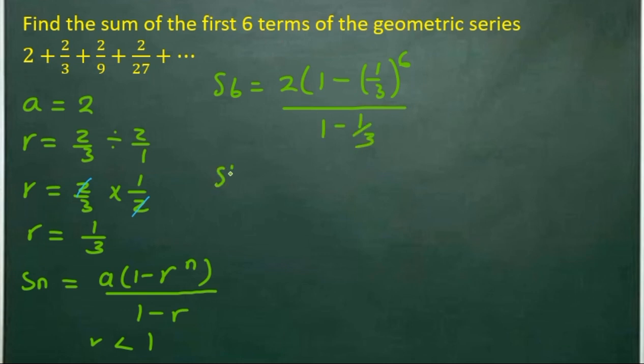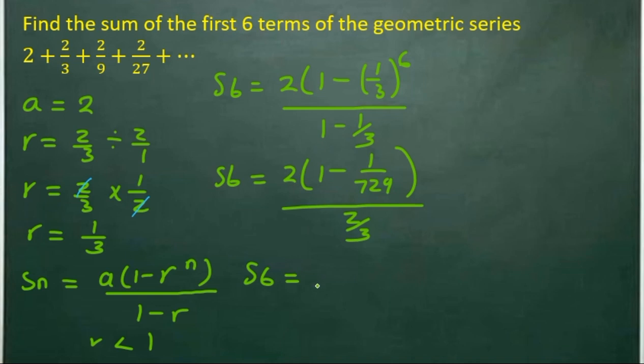Okay, so the sum of the first six terms, let's simplify this: 1 minus 1 to the exponent of 6 is 1, and 3 to the exponent of 6 will give us 729. All right, and this is being divided by, when you simplify this, 2 over 3. So the sum of the first 6 terms of this series is going to give us 2.